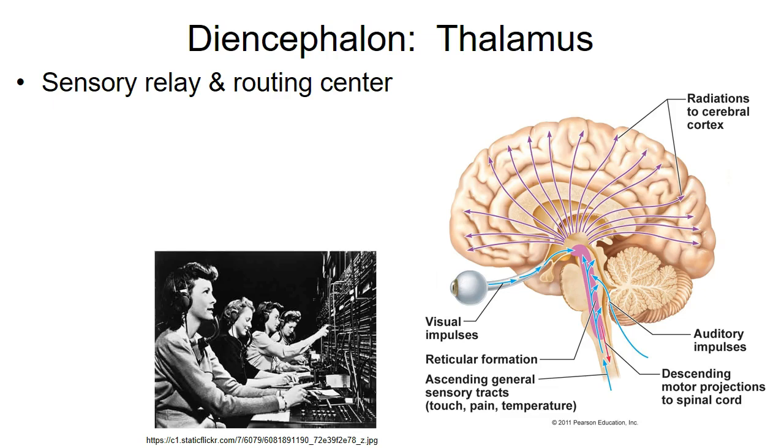Here, the thalamus. The thalamus is going to have a synapse for sending that information on to another neuron that's going to have its destination, say, in the primary somatosensory cortex or some other area.